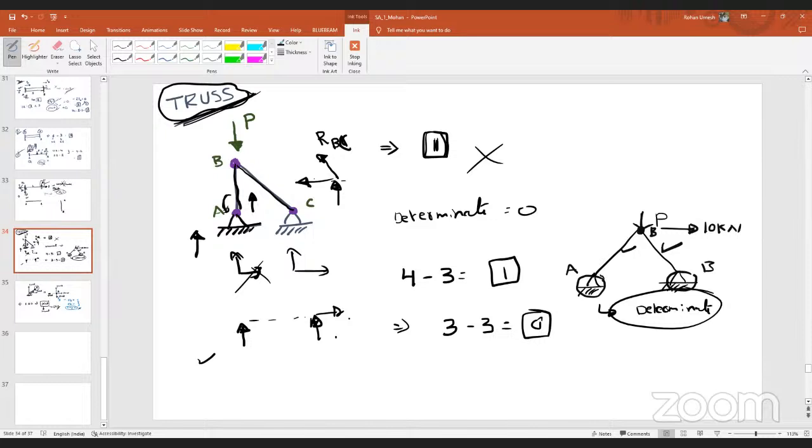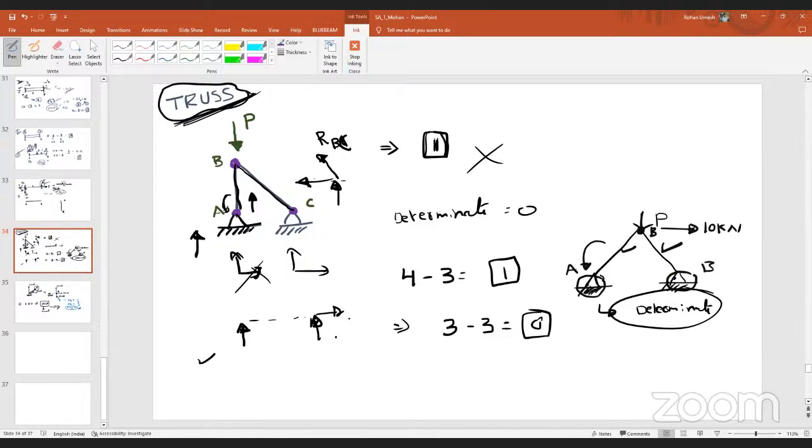Forces at support A, through which member will they transfer? Can I ask again? Through which element will reactions develop at support A? Through element AB? Right or wrong?